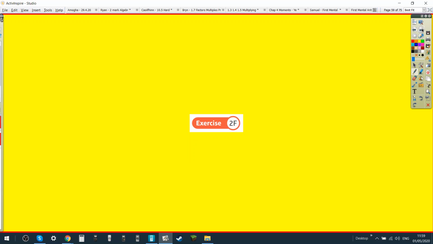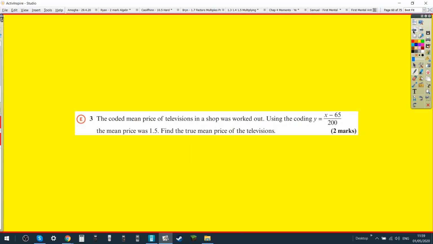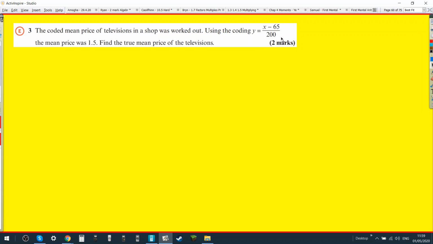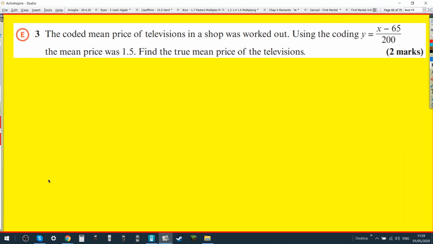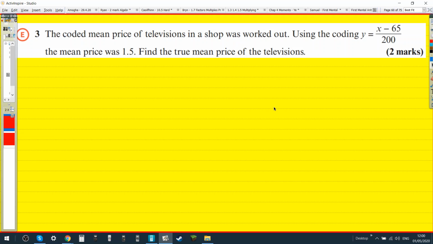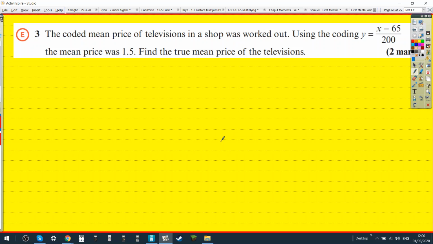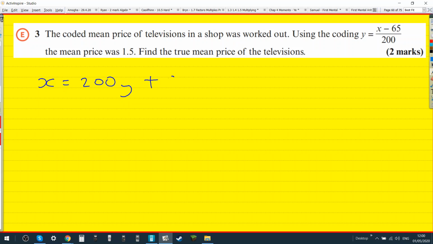I just want to do one more. Let's do this one. Exam question. Do I need to make X the subject now? Uh-huh. So X is equal to 200Y plus 65? Mm-hmm.